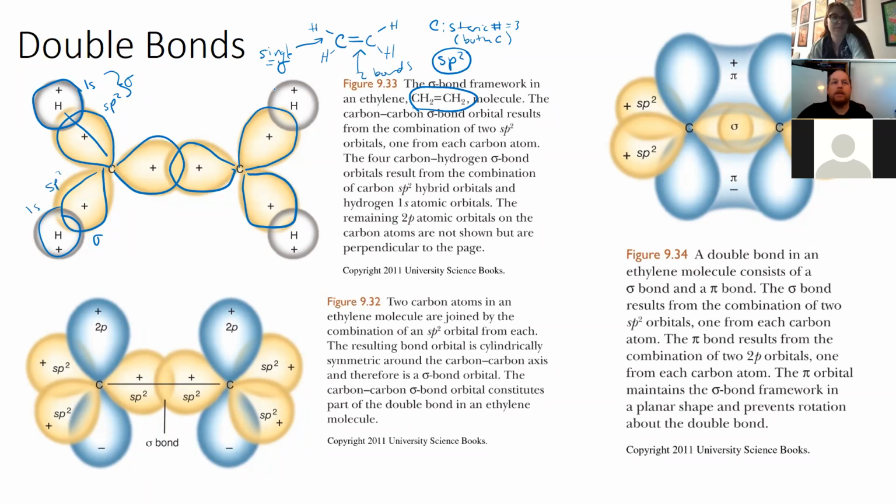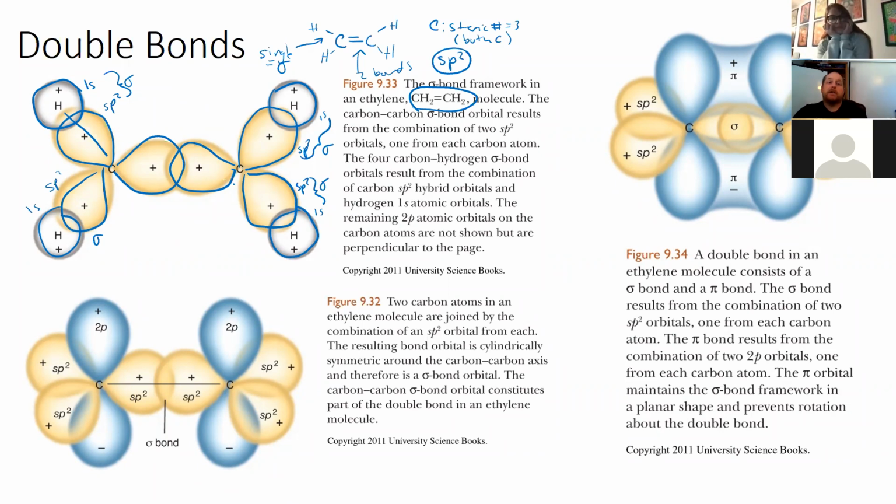And on the other carbon also, you have 1s and sp2 orbitals. These are going to combine to give you sigma bonds. The orbitals there are going to overlap to give you a sigma bond.